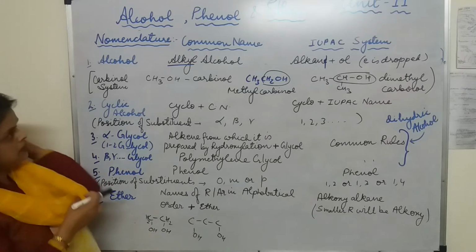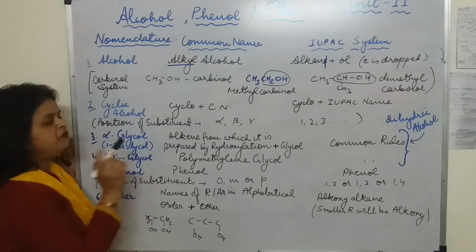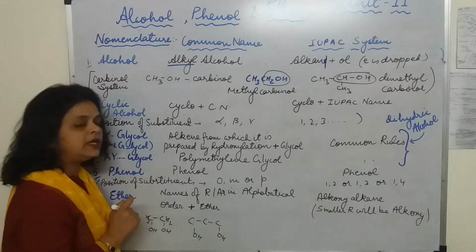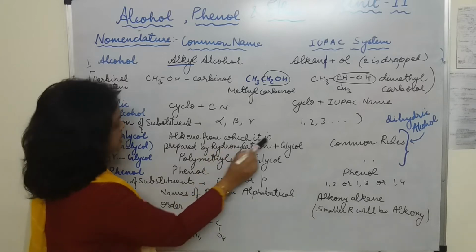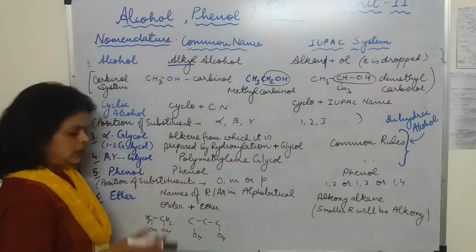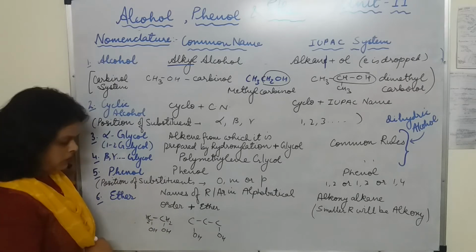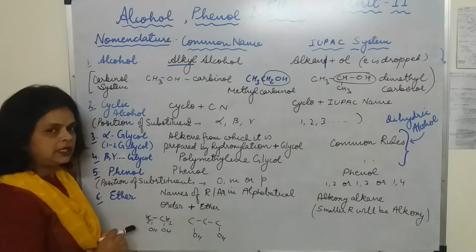Now, how to write their common name? For a 1,2 glycol, we first write the name of the alkene from which it is prepared by hydroxylation. Suppose this is an alpha glycol, a 1,2 glycol. First we identify the alkene.